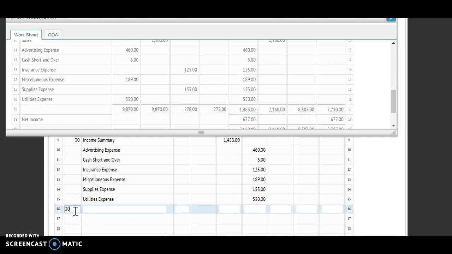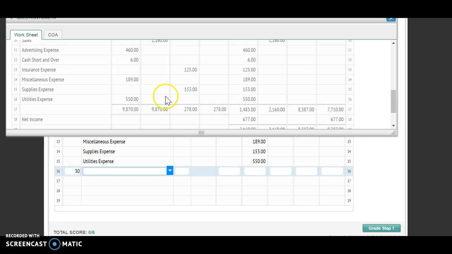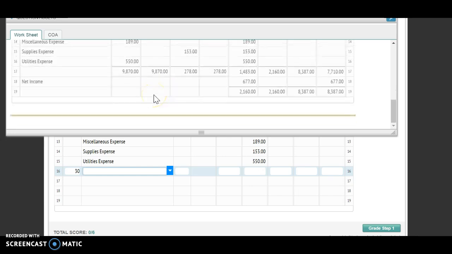Okay, my next closing entry does 2 things. 1, it's going to record my net income or my net loss. And 2, it's also going to close my income summary. So I need to first look, because this one is going to change. It's not always going to be the same account that we debit or credit. So what I need to look at is if I have a net income or a net loss. In this case, I have a net income.